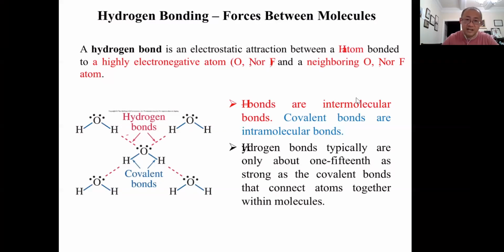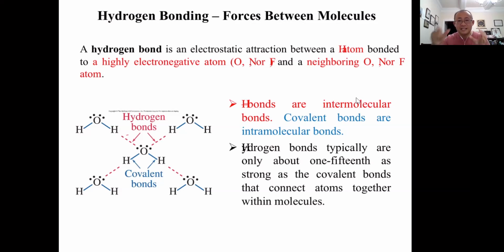The dashed lines show the hydrogen-oxygen interaction between different water molecules. Oxygen has a partial negative charge, hydrogen has a partial positive charge. Because of the partial negative and partial positive charges between water molecules, we call those interactions hydrogen bonding.